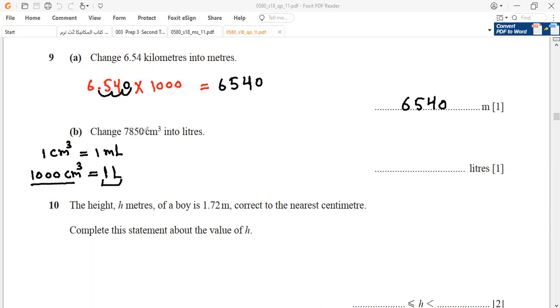We have 7,850 centimeter cube. We can divide it by 1,000 to find the number of liters. Cancel 0 with 0. 7,850 divided by 1,000 will be 7.85. 7.85 liters. Okay.